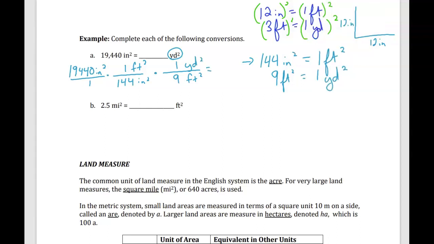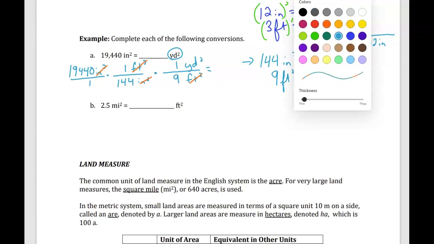And notice now, inches squared and inches squared cancel. Feet squared and feet squared cancel because one's on the numerator, one's on the denominator. And I multiply straight across.